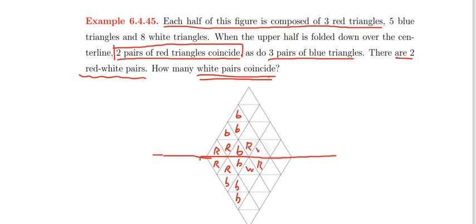Then this is W. Let's check all the others. Let's check half of this. How many B? Here 4B. We already have 4B, and we have 3R already there, and 1W.